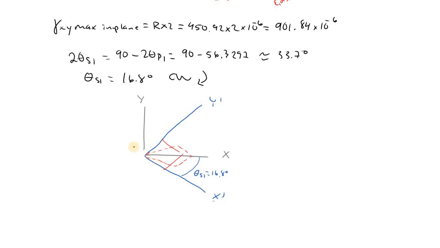And that distance between there and there, on both sides, is our max in-plane shear strain divided by 2. And that is the end of this question.